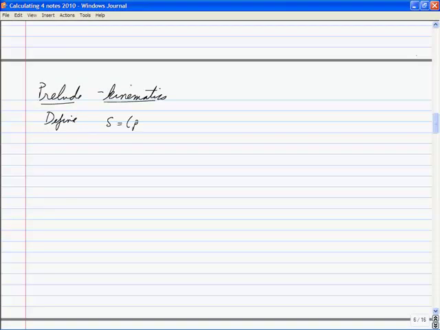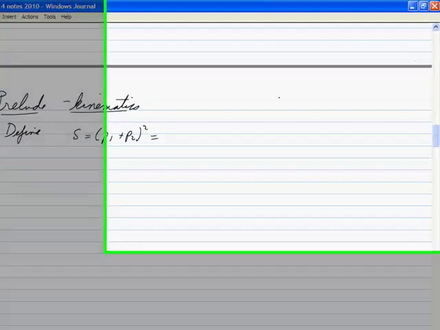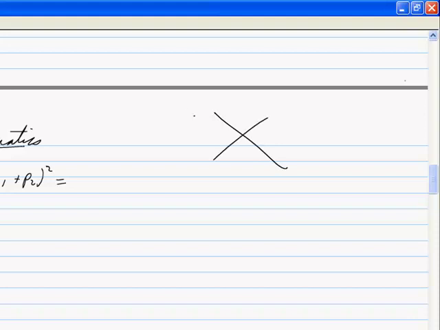S is P1 plus P2 squared. These are the Mandelstam variables once again. So we're doing some process with P1, P2, P3, P4, and something happens in between. Two guys in, two guys out.